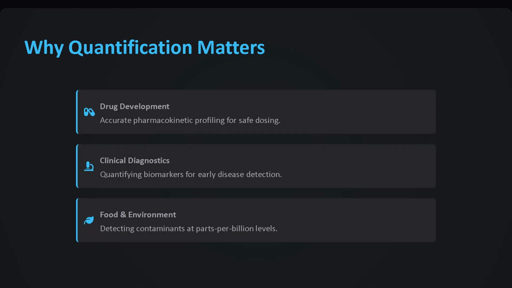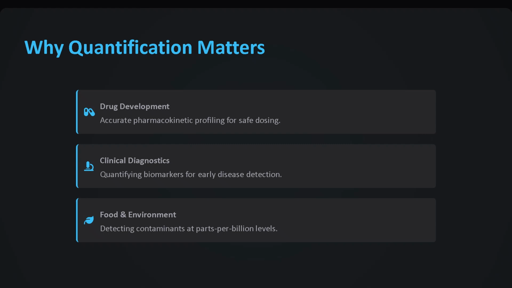In drug development, researchers need accurate pharmacokinetic data to understand how a drug behaves inside the body. Quantification helps determine safe dosage levels and therapeutic effectiveness. In clinical diagnostics, scientists measure biomarkers in blood or tissue samples to detect diseases early and monitor treatment responses.